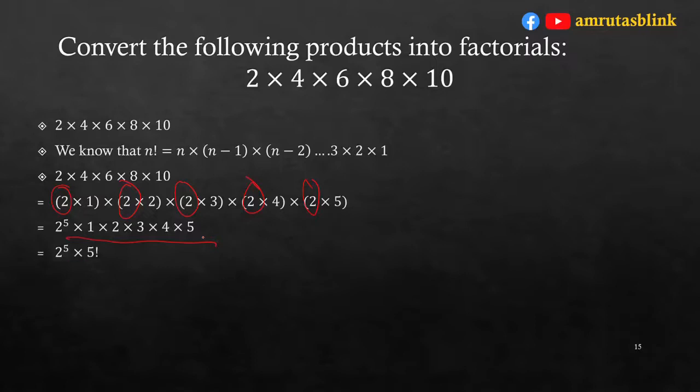Hence we can rewrite it as 2 raised to 5 into 5 factorial. So 2 into 4 into 6 into 8 into 10 will be equal to 2 raised to 5 into 5 factorial. Understood?